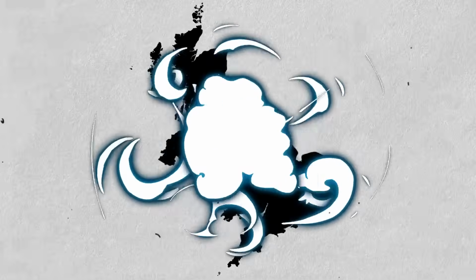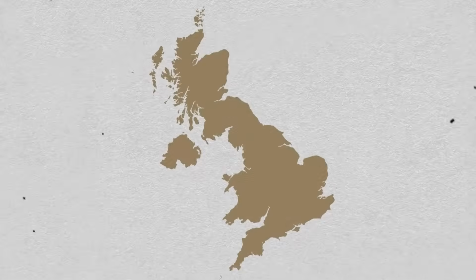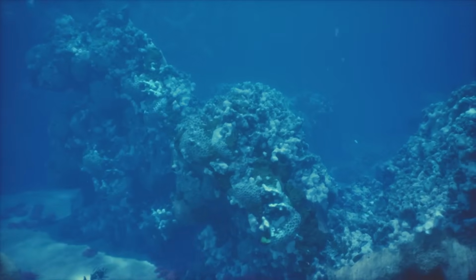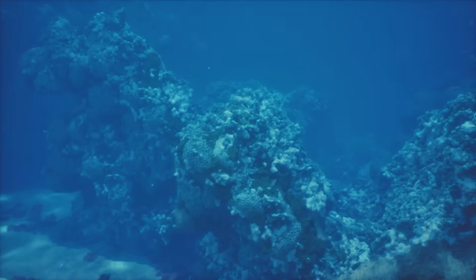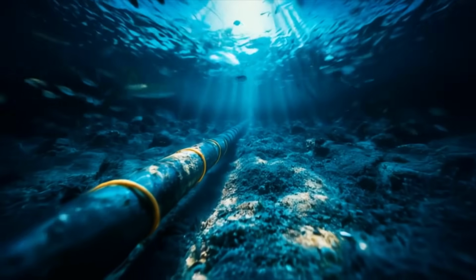Then it spread out over an area bigger than the UK, covering it with several feet of sand and mud. That's like burying a whole country. These findings are actually a big deal because they show that even a small underwater landslide can turn into something massive and super destructive. But that's not the worst.